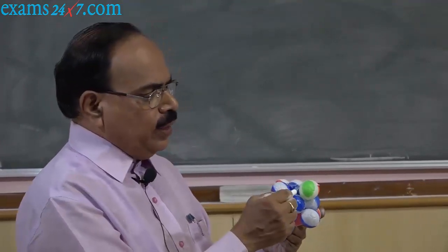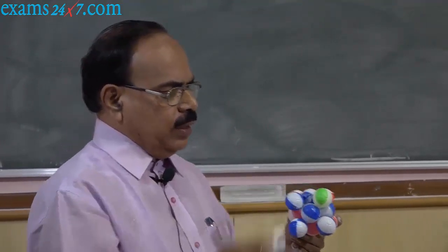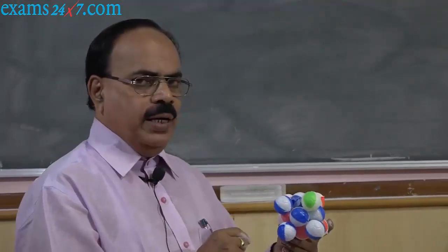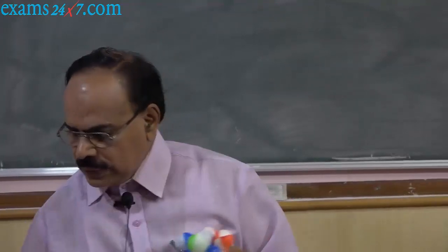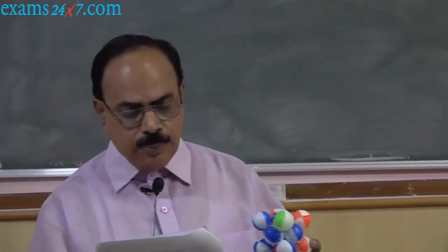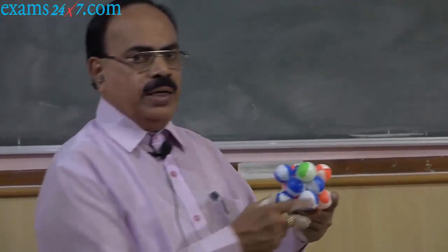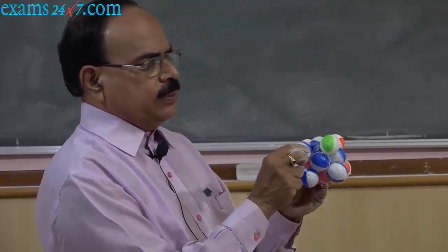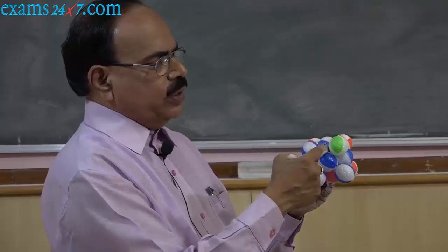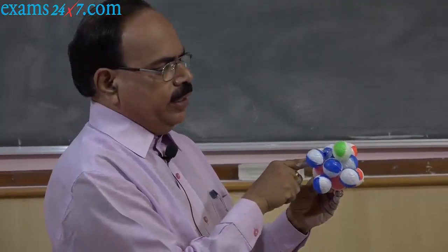Now, we will consider any one octahedral void. We will consider this particular octahedral void. It is surrounded by how many particles, or what is asked here is how many octahedral voids surround each particle. It's the other way. Now, consider this particle. This is one octahedral void, this is another octahedral void.